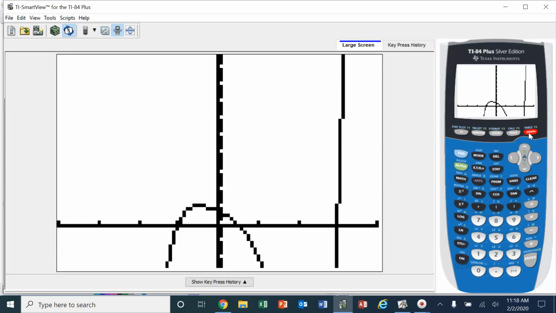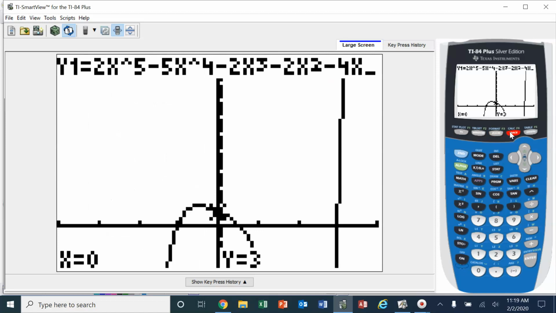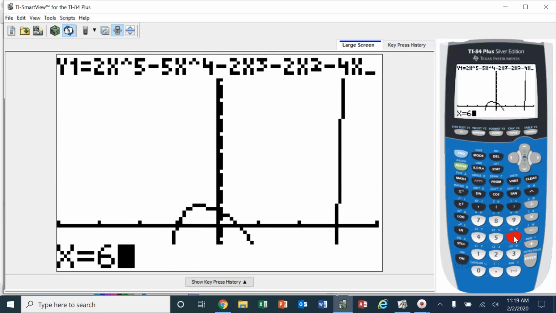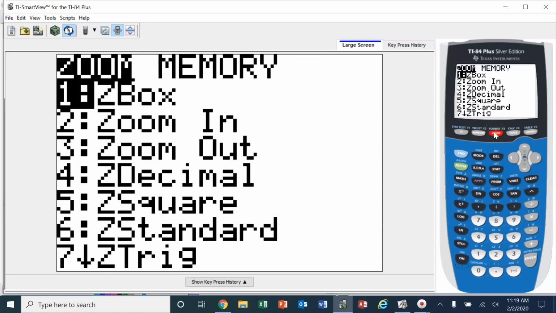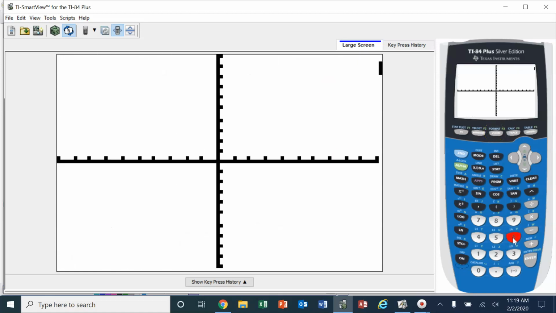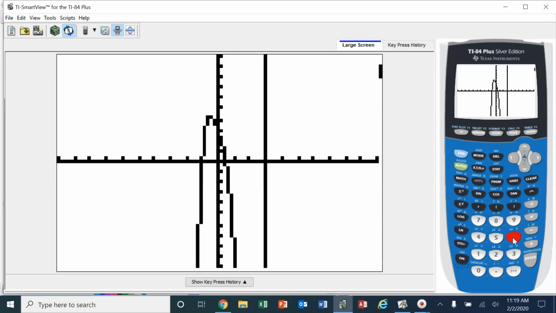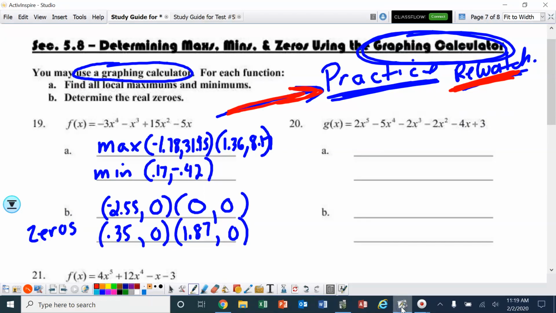I'm going to go ahead and do Zoom 6. Oops, let me do that again. Zoom 6. And let's see, there's a maximum. It looks like there's one maximum and one minimum on this one. So we have a max and one min.